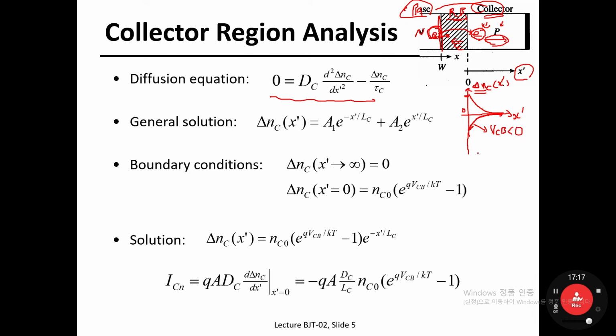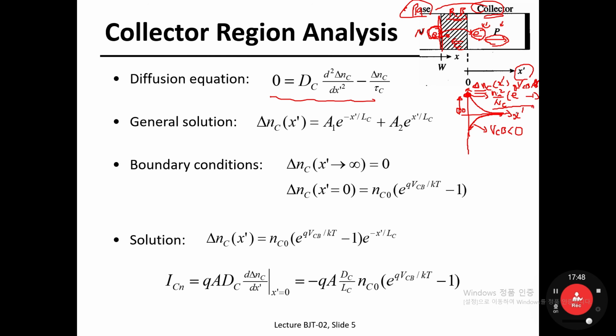I mean, the base-collector junction is reverse biased. Okay, just for your information, what if the base-collector is forward biased? Then this value would be what? Yeah, n sub i squared divided by N sub, in this case, collector, times exponential of q times V sub CB, collector-base, divided by kT, minus 1.